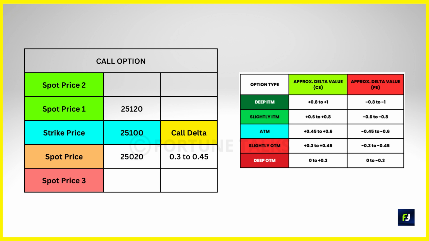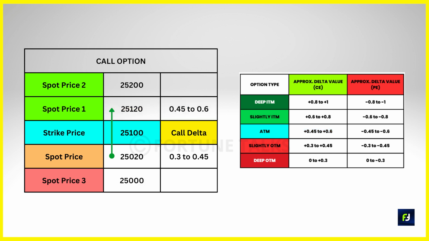Now assume that the Nifty underlying moves from 25,020 to 25,120. What do you think will be the delta value? Since prices increased, 25,100 CE will now be an at the money strike. Therefore, the delta should be around 0.45 to 0.55. Let us say the delta is 0.5.